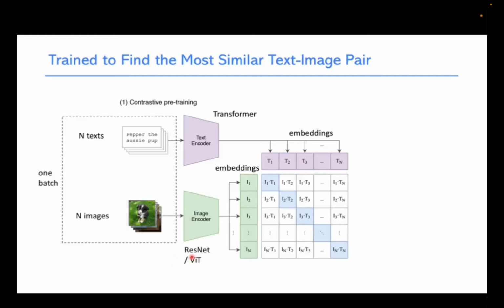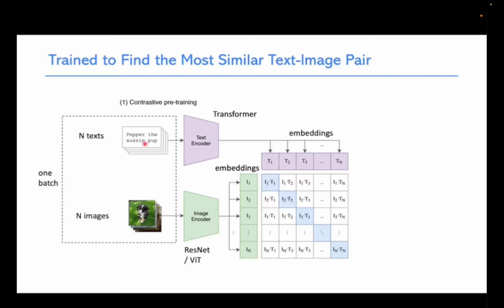First, we prepare n texts and n images as one batch. This batch of data will go through the text encoder, which could be a transformer, to transform the text into embeddings that the model can understand. For the image encoder, we also encode those images into embeddings through something like ResNet or Vision Transformer. So here you can see we have n embeddings, each of them representing one text.